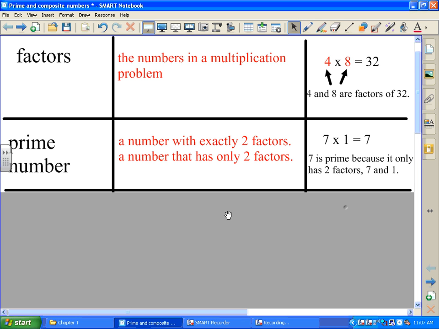Okay? So 7 is a prime number, because the only way you can make something equal 7 using multiplication is 7 times 1 or 1 times 7. So 7 is prime because it only has 2 factors, the number 1 and itself. Those are the only 2 factors for the number 7.